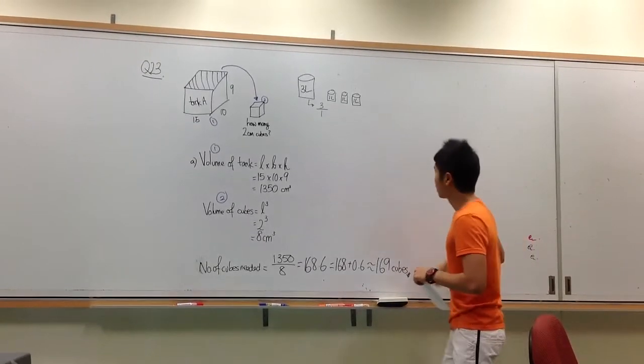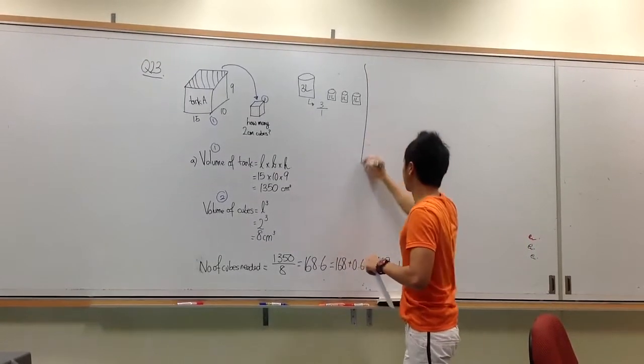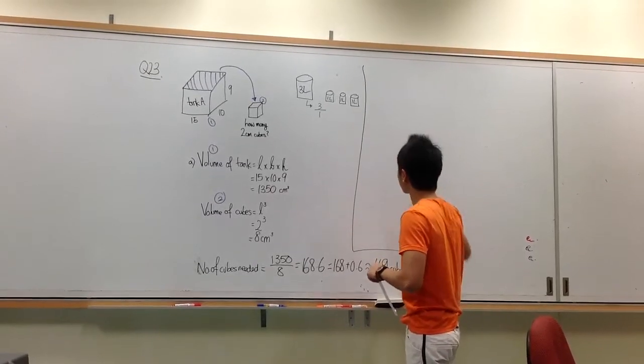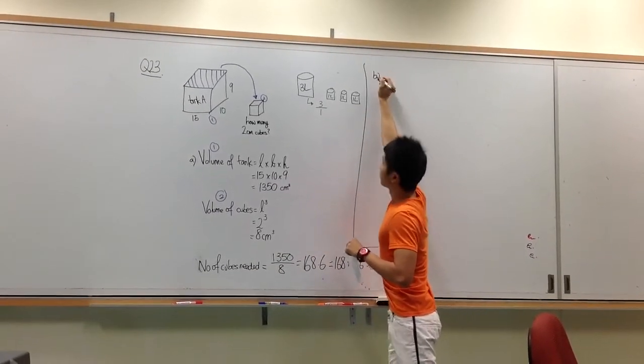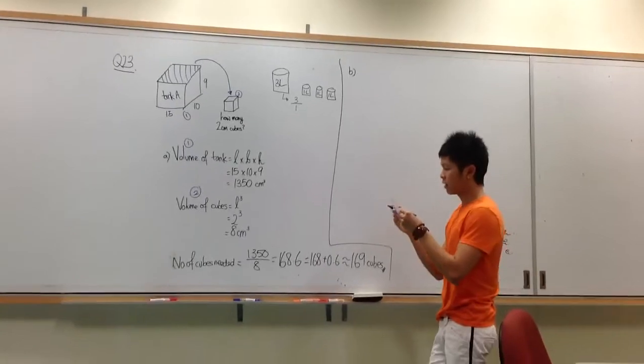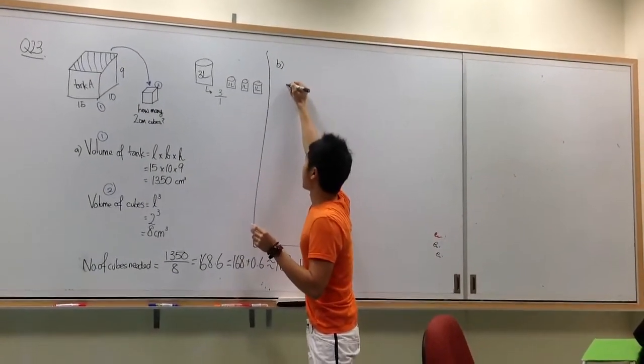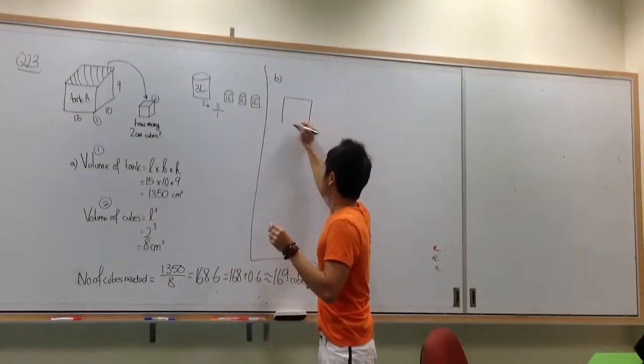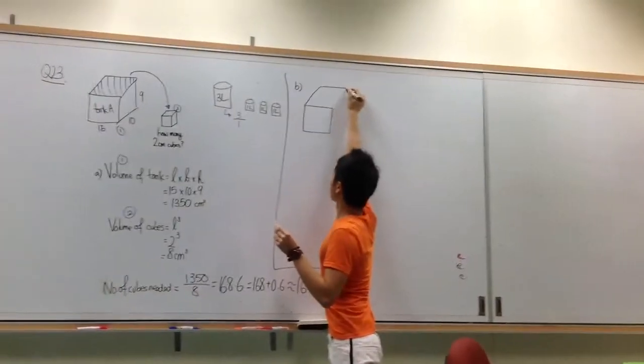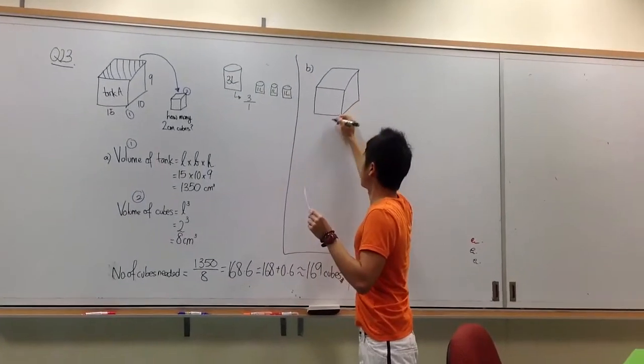Okay? Now let's move on to question B. If you look at part B, they give you a block of wood instead of a tank, but with similar dimensions. So again, you'll have a cuboid measuring 15 by 10 by 9.